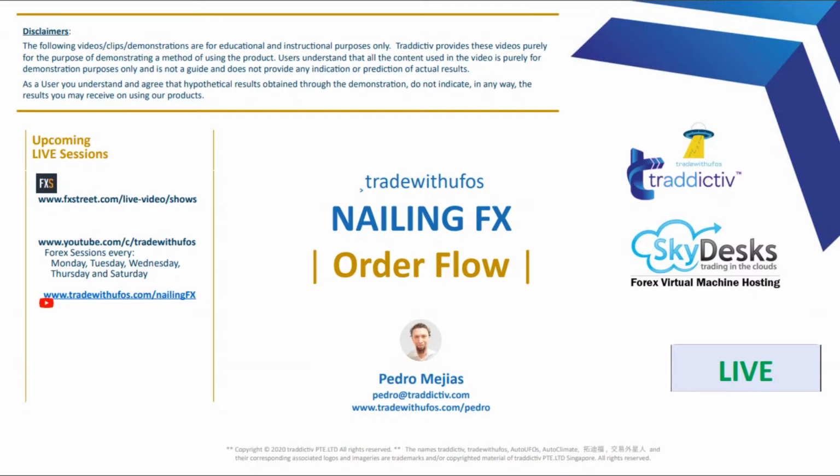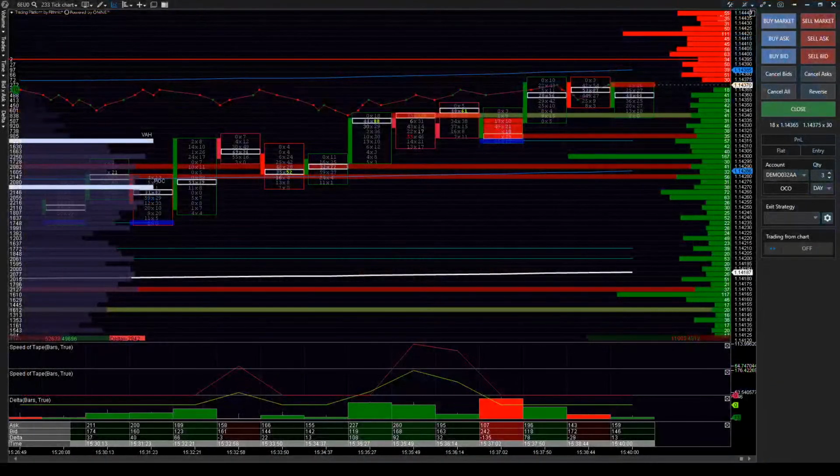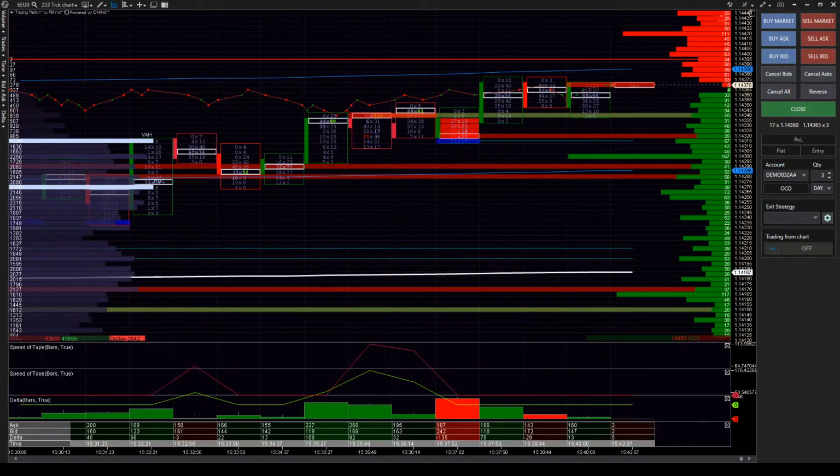All right, so let's try to see today's market. I'm going to be exploring some forex. My favorite, of course, is going to be first the euro. And let's go to the chart right now. All right, here you can see this is the order flow chart.